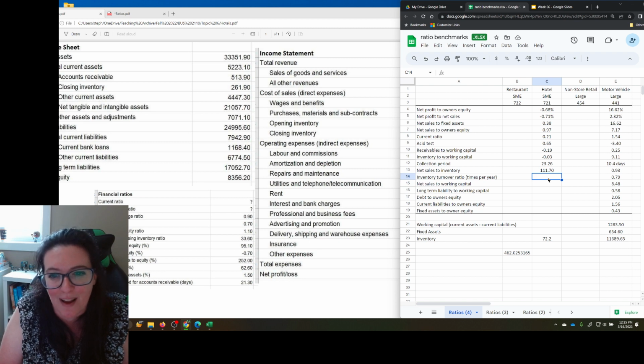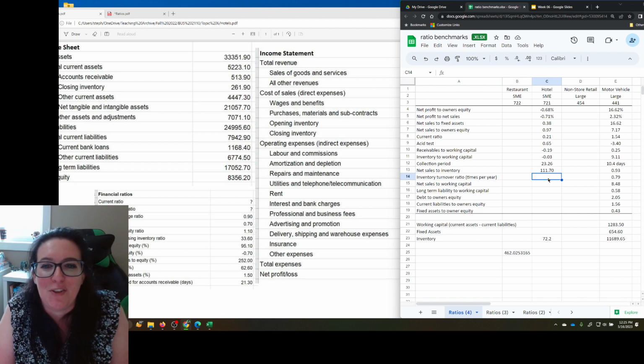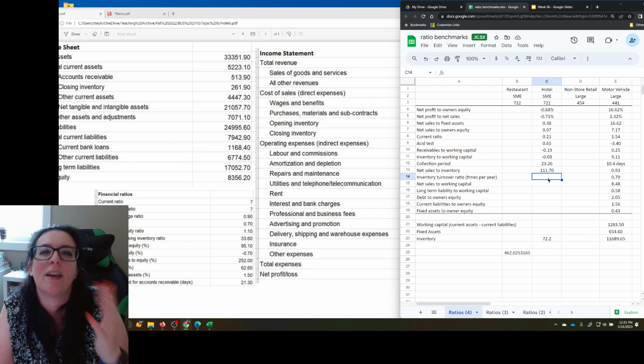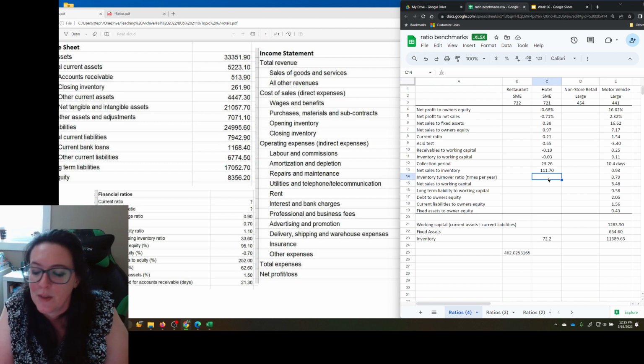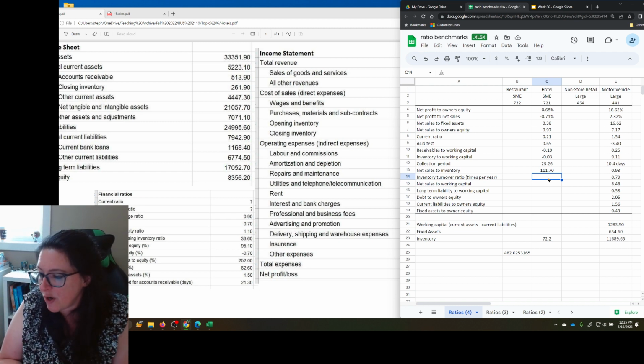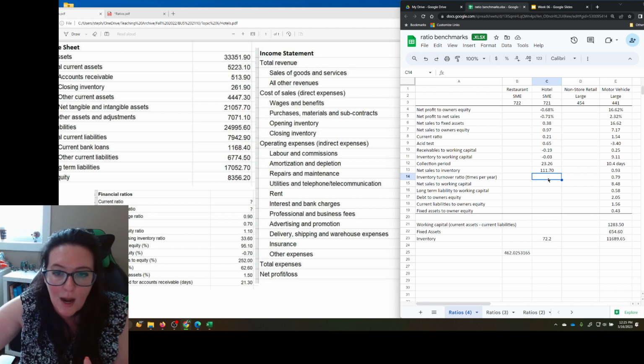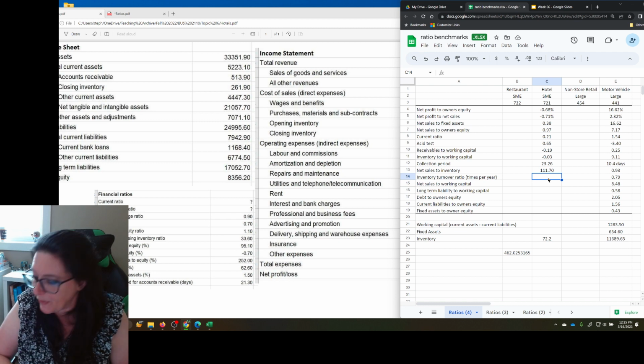That's days of supply. If days of supply is 30, a whole month, then we're only turning it over 12 times a year. So you can go with inventory turnover ratio or days of supply. Lower days of supply or a higher ratio means we're moving it out the door.